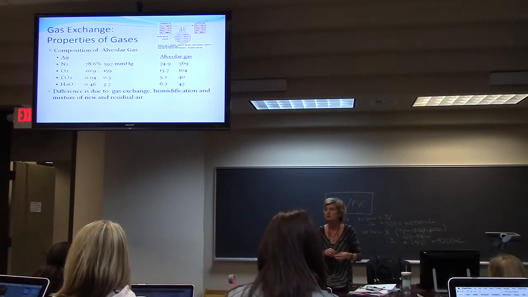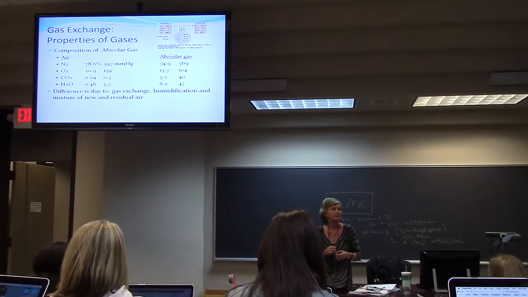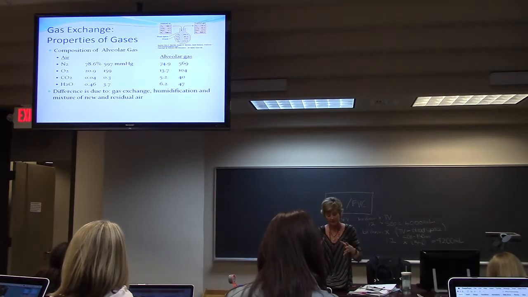CO2, look how much more CO2. Well, yeah, you had all that glucose. You have to get rid of all that carbon dioxide, and it will diffuse across very rapidly into this alveolar space. And that becomes important then, those numbers for diffusion.